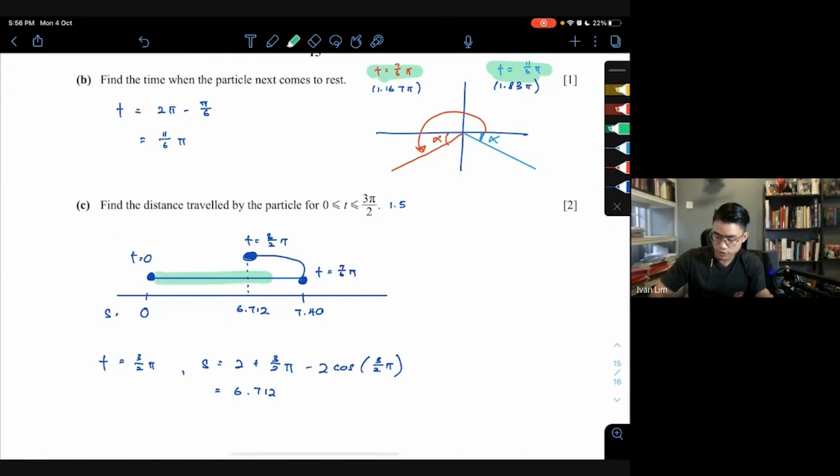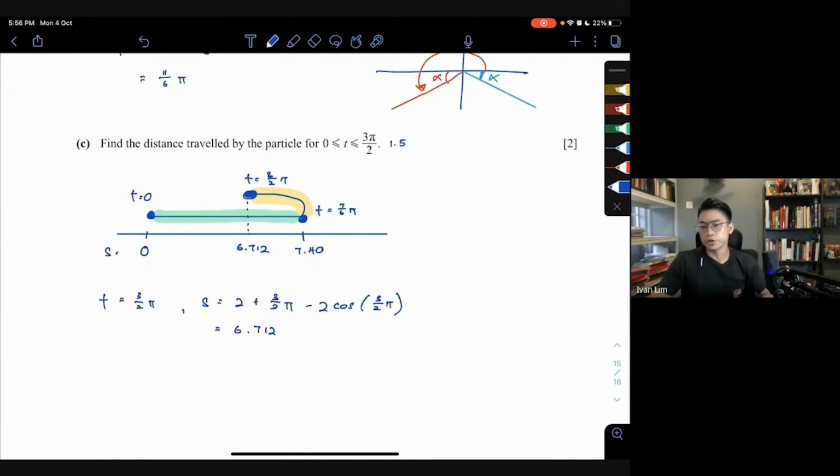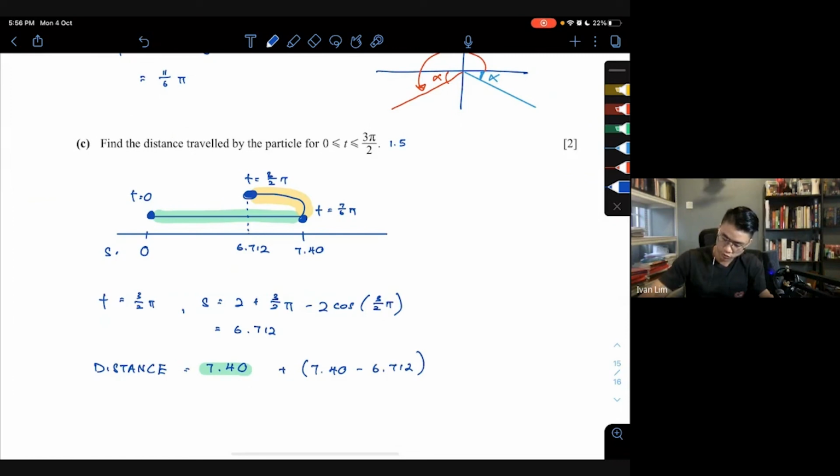So this part here, and this part here. We know the green region. Now how do we calculate total distance? The green region is 7.40. The yellow region would be 7.40 minus 6.712.